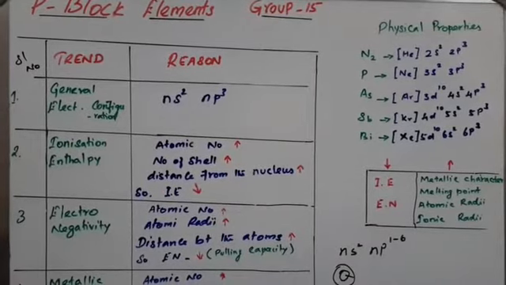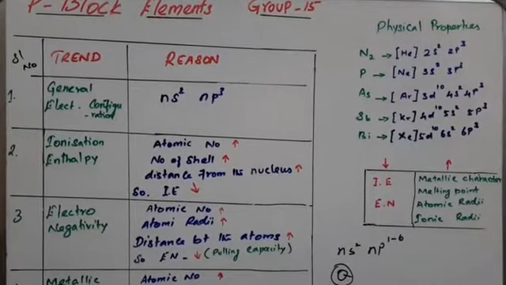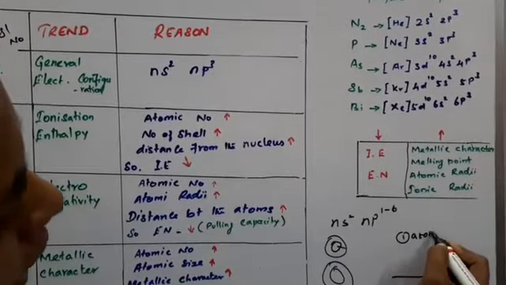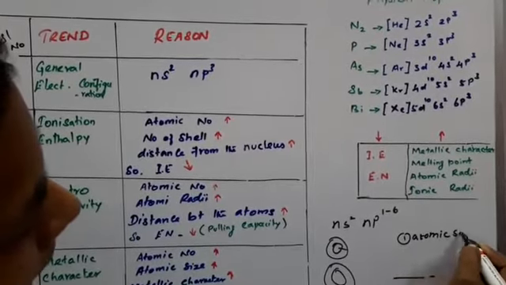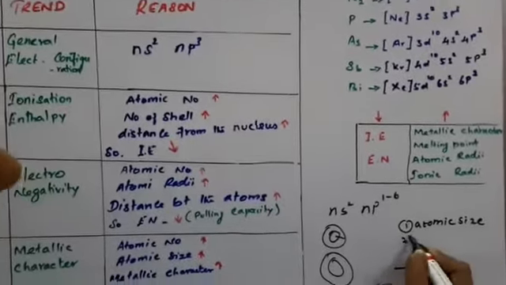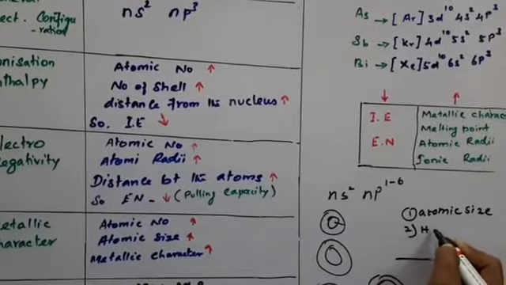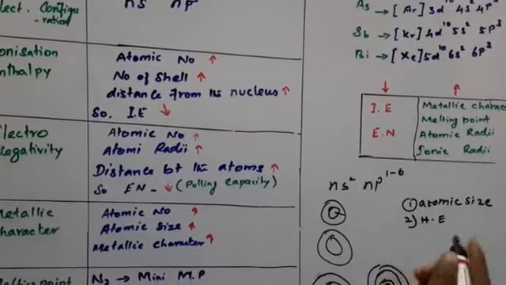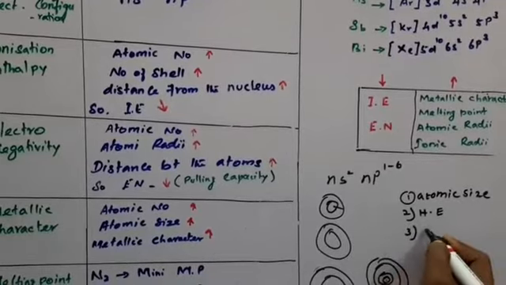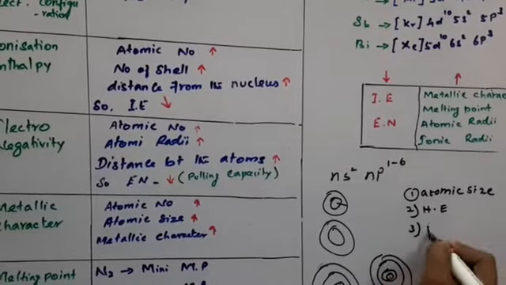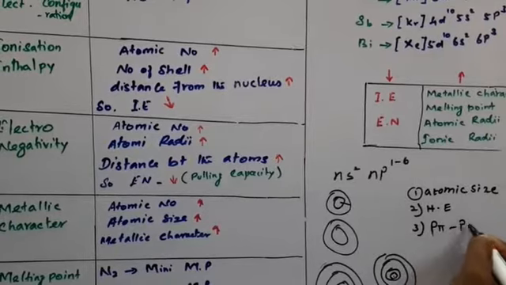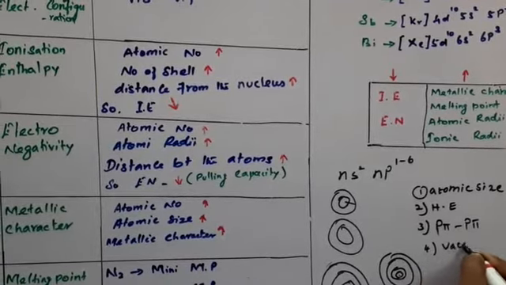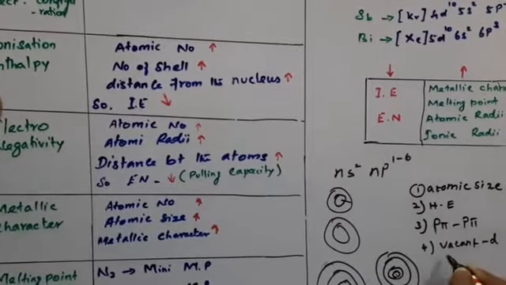Because of this, nitrogen has these three points: one is smaller atomic size, second is high electronegativity, and the third one is p pi bond, here p pi bond because of vacant d orbitals.